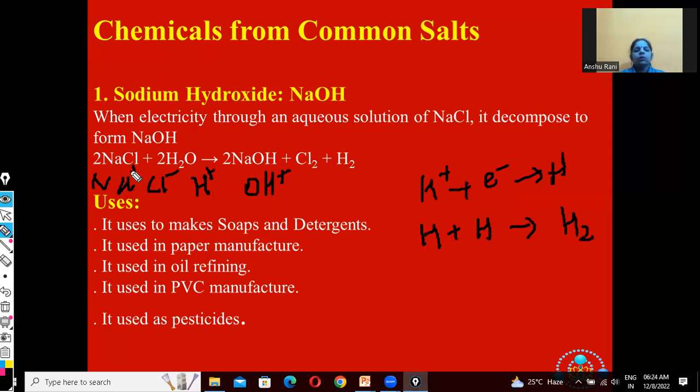Out of Cl negative and OH negative, what will reach the anode first?